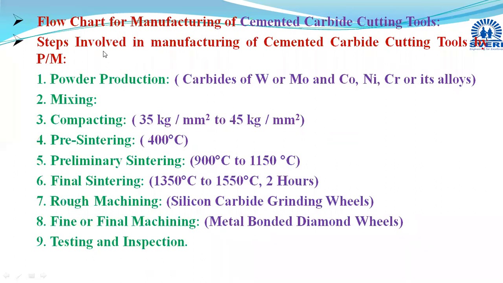You will find that the number of stages is more, because there is sintering here in three ways depending on temperature zones: pre-sintering, preliminary sintering, then final sintering. Machining is also done in two different ways, so I have highlighted two steps of machining, rough and fine or final machining. That's why you will find that stages are more. Actually, only 5-6 stages will be there.